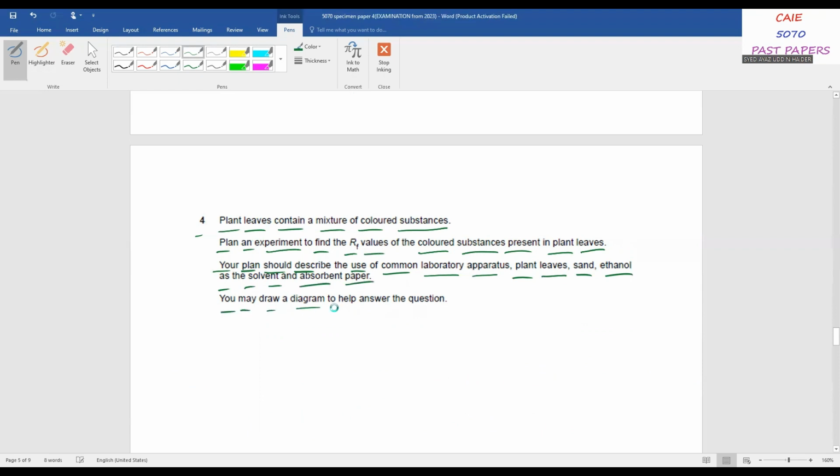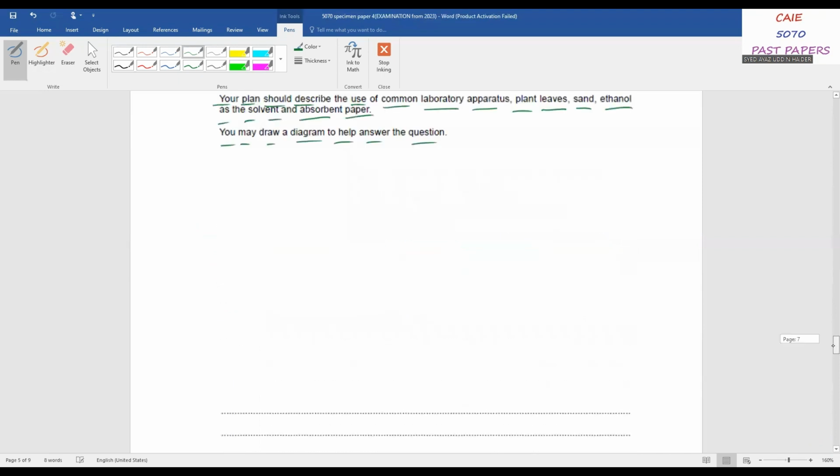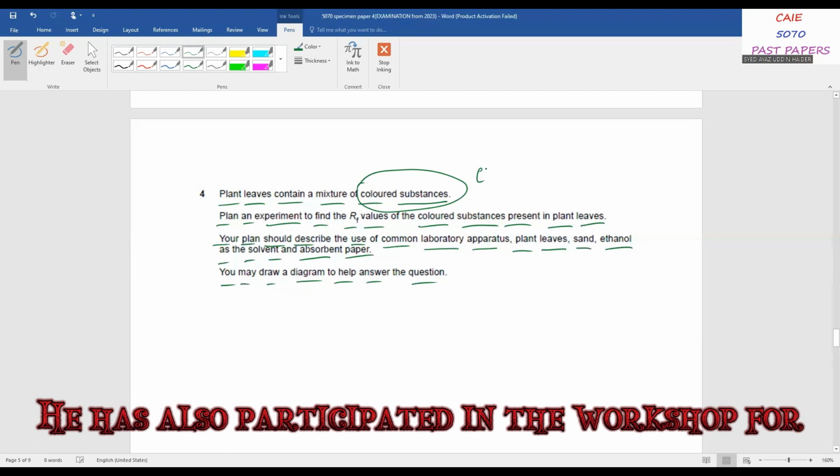You may draw a diagram to help answer the question. So this one is an option for you. If you want, you can draw the diagram. Look at the question. They have already told you that the technique is chromatography, because here we are having colored substances. So colored substances are separated or identified through chromatography.